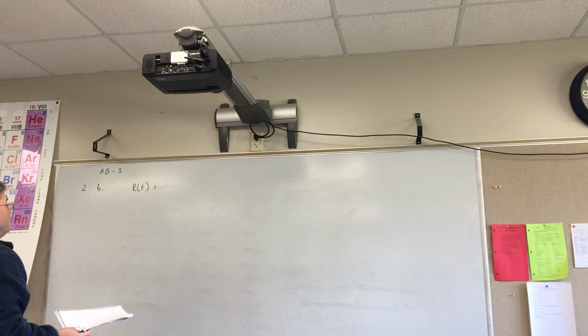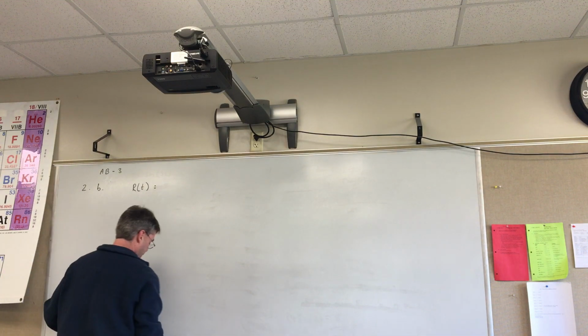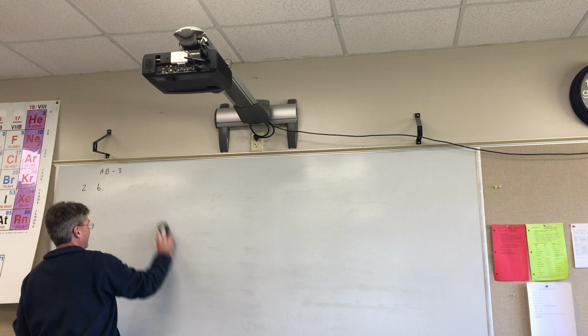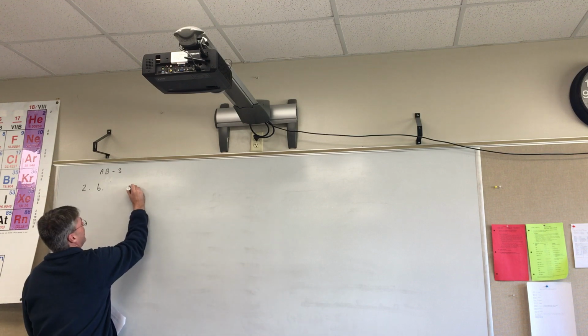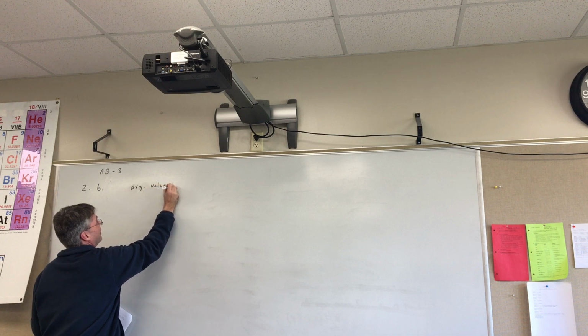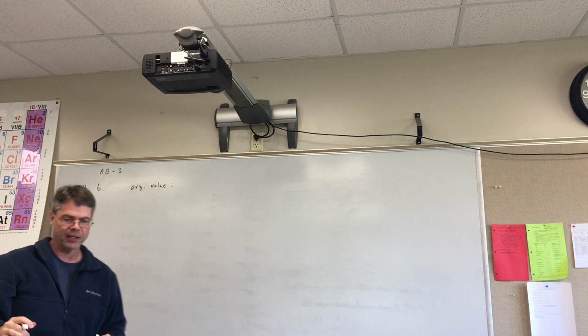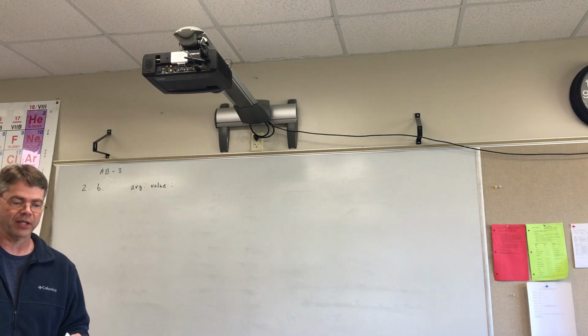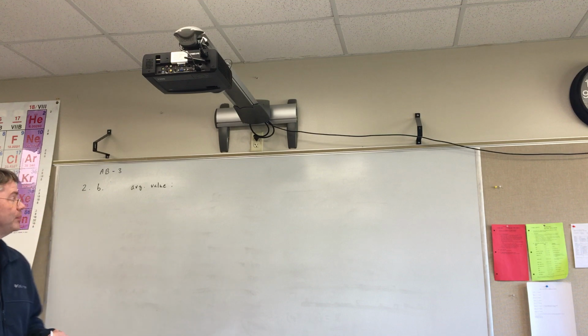Use R of t to find the average number of cases over that 45-day period. So the average, all right, so I'm not going to write it again. You know that to find an average value, and you do get to use your calculator on this part. So I was wrong about that. You would have gotten to use your calculator on the last one to add all that up.